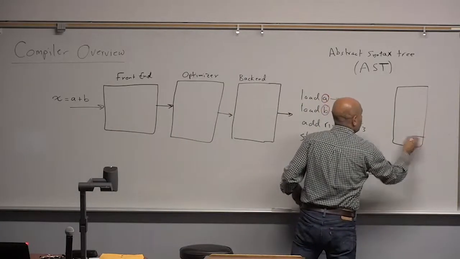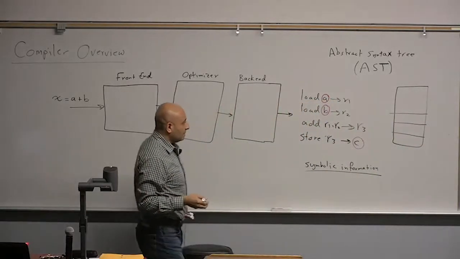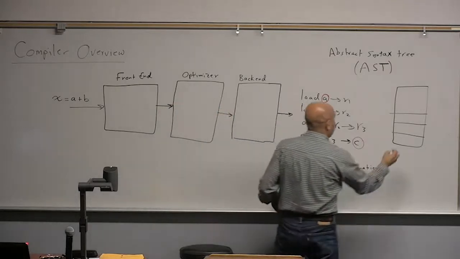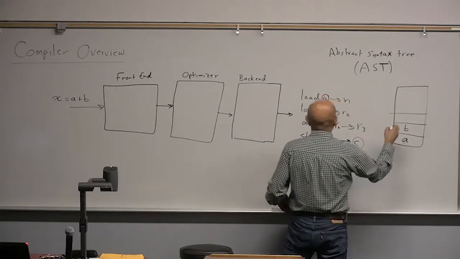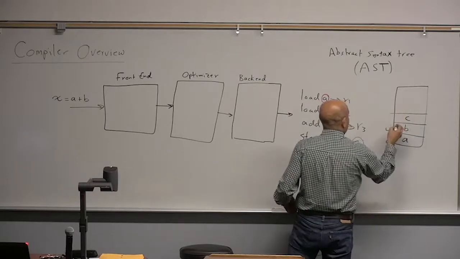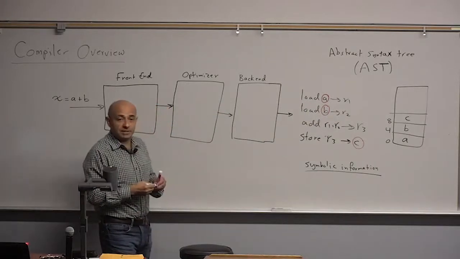And each variable has an offset in this stack. So it could be, for example, that variable A is at offset 0, variable B is at offset 4, and variable C is at offset 8, assuming each one of them is 32 bits.